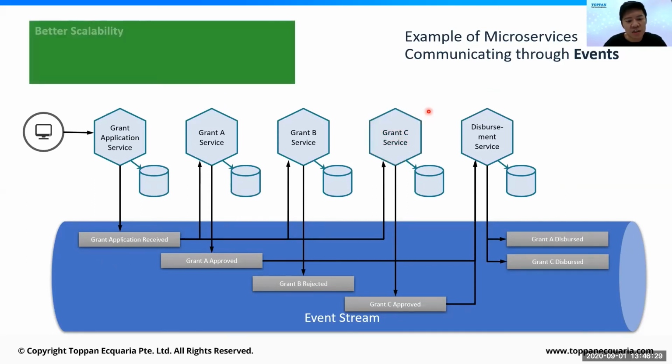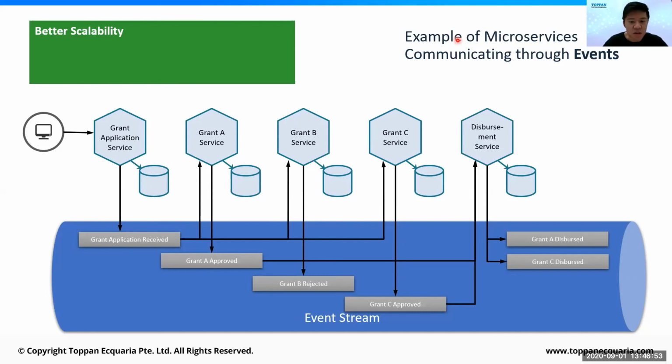In this slide, I'm going to discuss the topic of scalability. Earlier, in the REST implementation, I shared that we can't truly scale out a service independently due to the dependencies on the downstream services. If there are certain grants that have more applications than others, we can scale out that particular service, right?